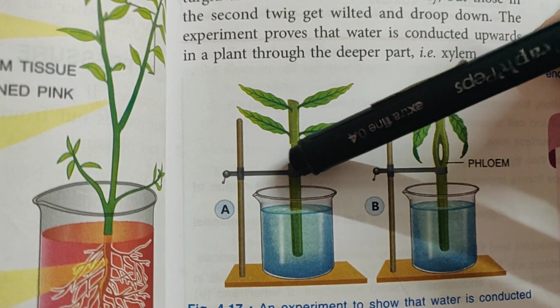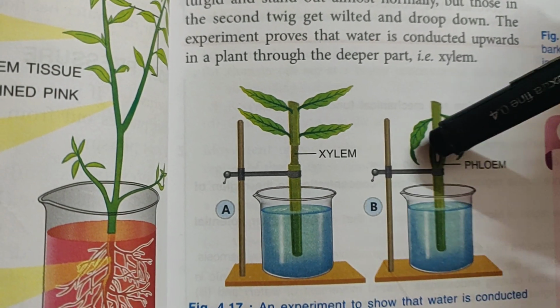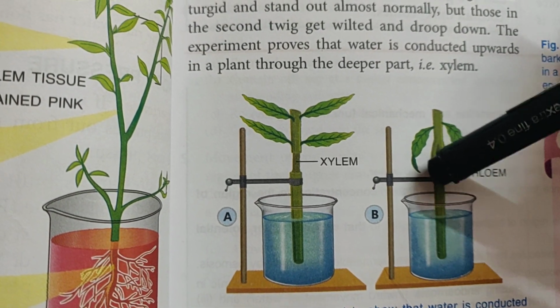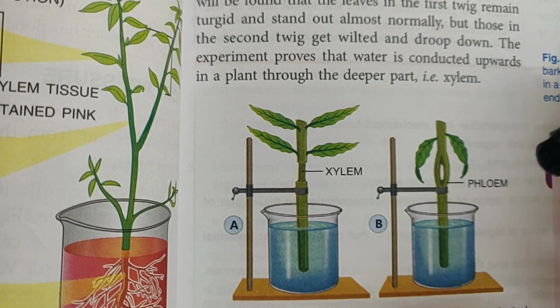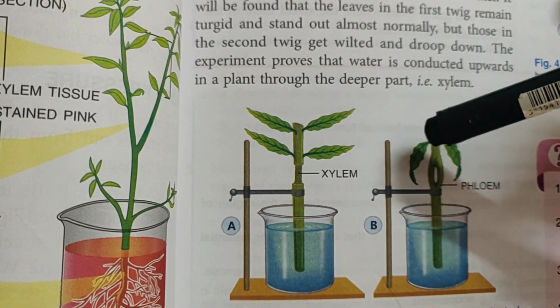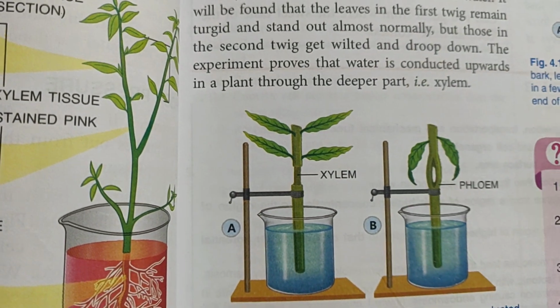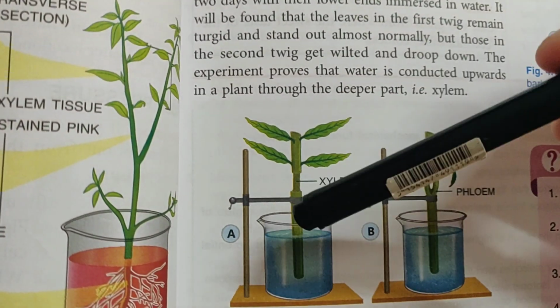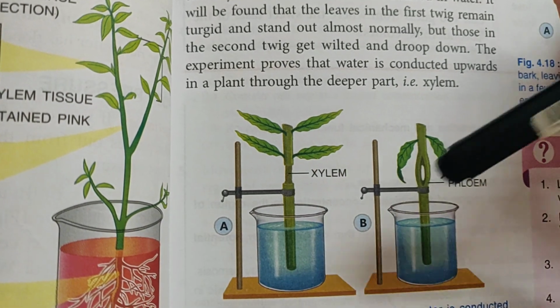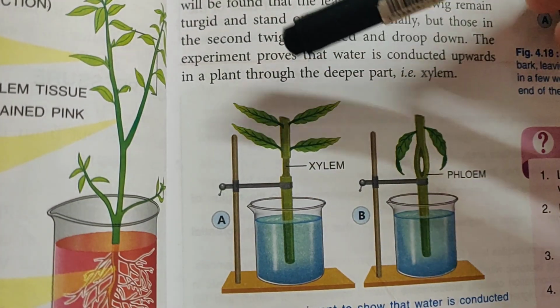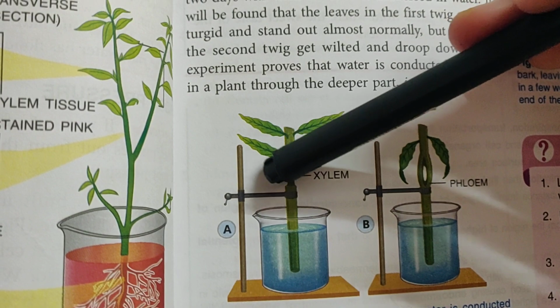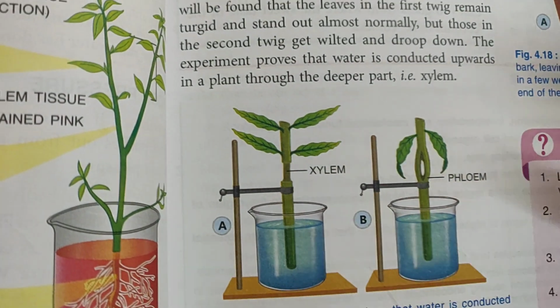Now this shows us that xylem is present in the middle section. Some may question that xylem can also be present in the outward section, and that might have caused some effect. So what we can do to negate that point is to scrape off some of the outer portion of the stem.